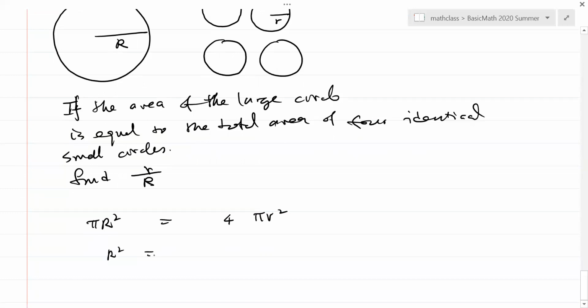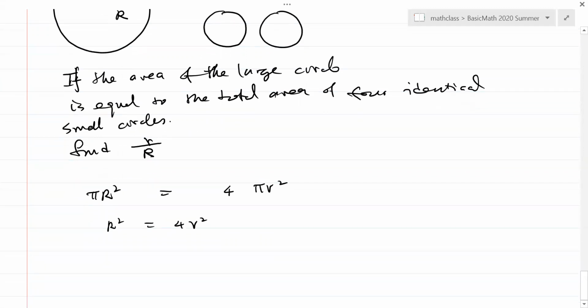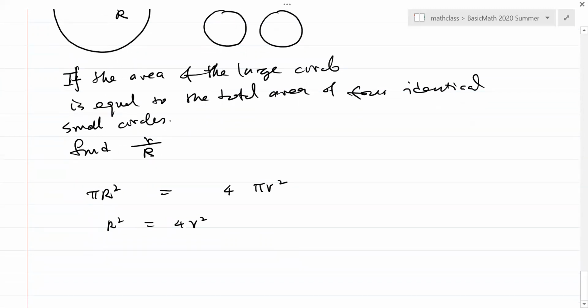So you get R squared equals 4 little r squared. Now you want to find little r over capital R. So do the ratio: little r squared over capital R squared is going to be 1 over 4.